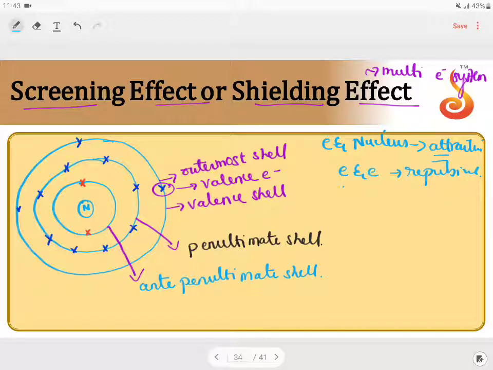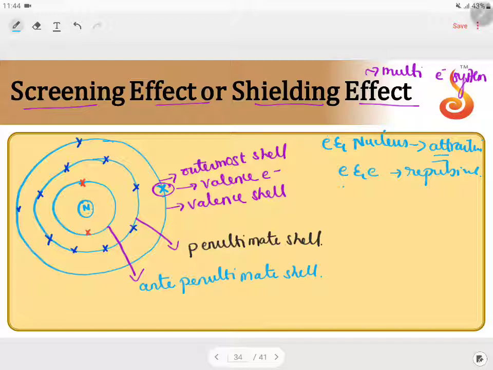Now, when we speak of shielding effect, we speak with respect to the valence electrons. We know that the valence electrons are attracted towards the nucleus. That means the nucleus wants to have control over the valence electrons.